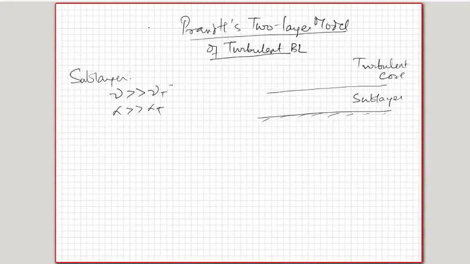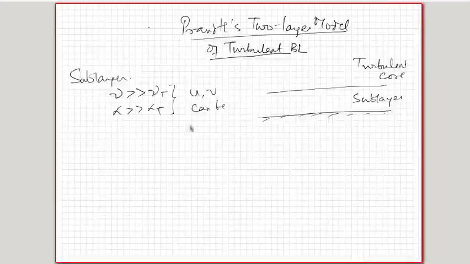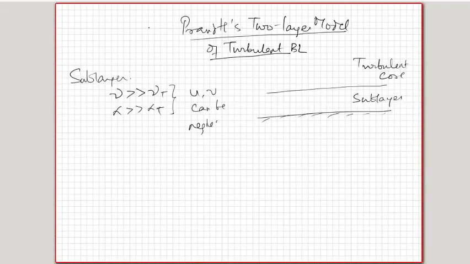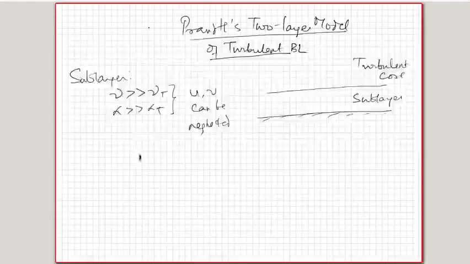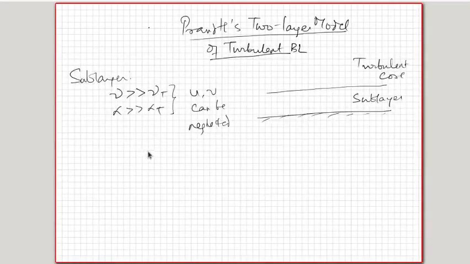And what else is important about the sublayer? U, V can be neglected. With these approximations, we can also say that in the sublayer the velocity and temperature profiles are linear. That can come from this one.